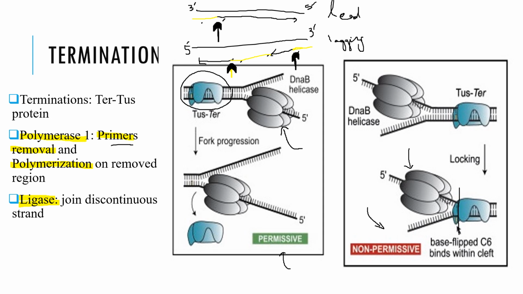Now they will order the helicase and the DNA polymerase 3 that now you should stop your activity. At that time the termination will be carried out, and after that the primer will be removed by polymerase 1, and on the removed region the process of polymerization is carried out by DNA polymerase 1. And if there is a join, or definitely if a small nick is available, that small nick is filled by the ligase enzyme.